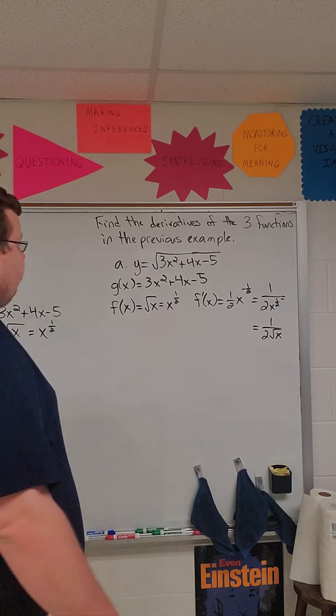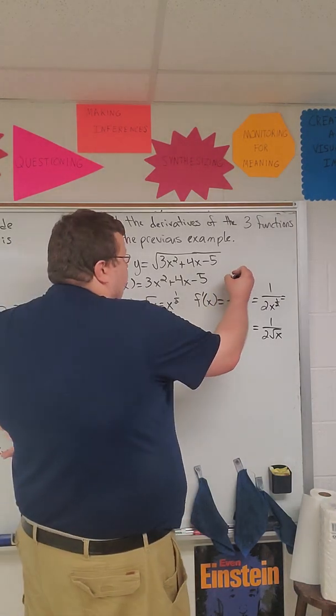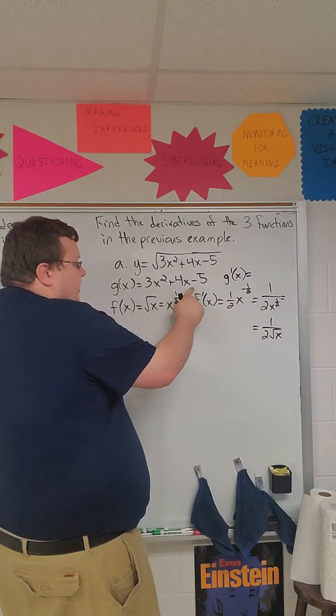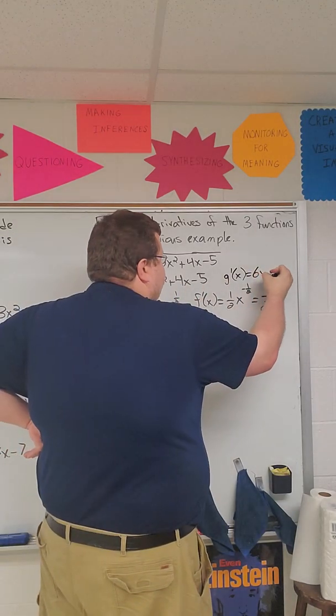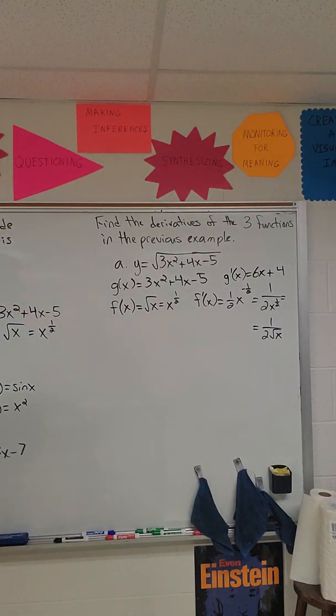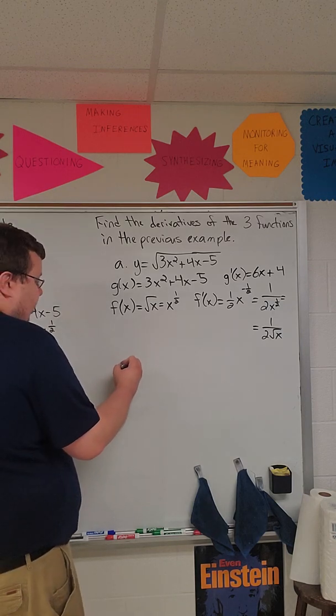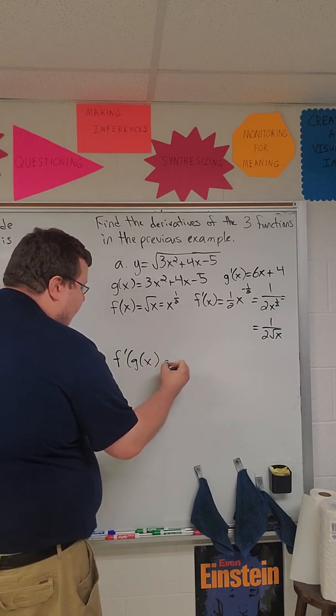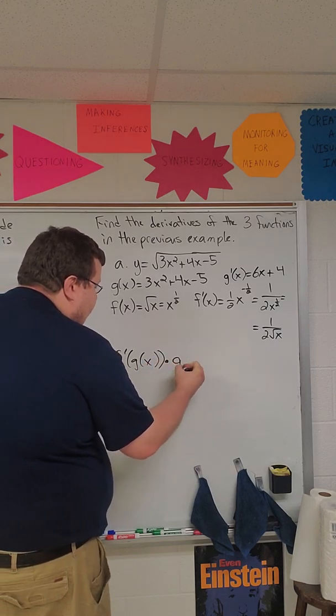All right, so then we'll need the derivative of g here in a minute anyway, so let's just go ahead and find the derivative of g. That's going to be 6x plus 4. Okay, so then I take the chain rule, f prime of g of x times g prime of x.